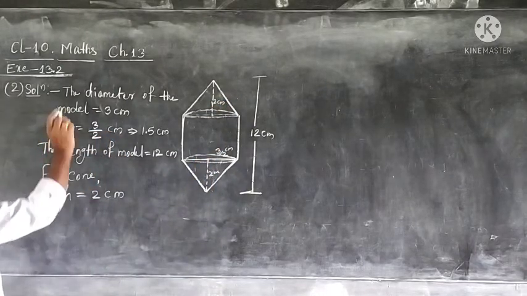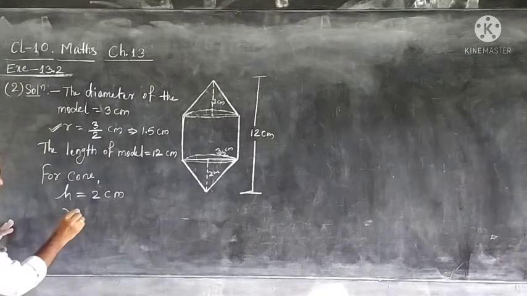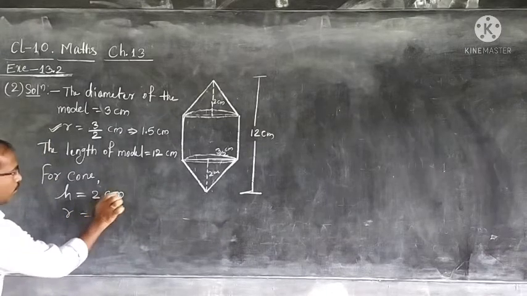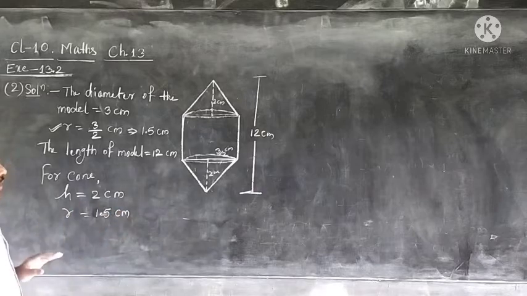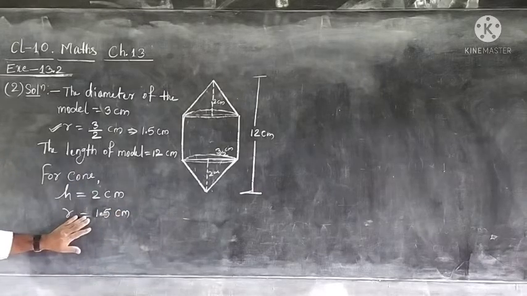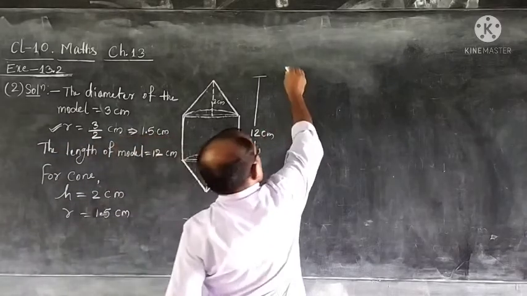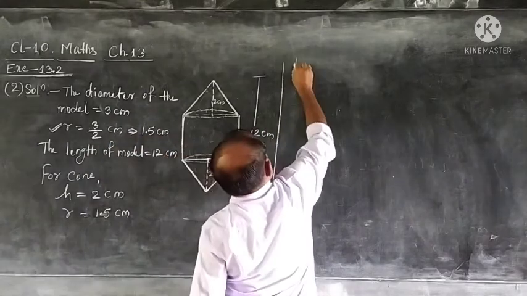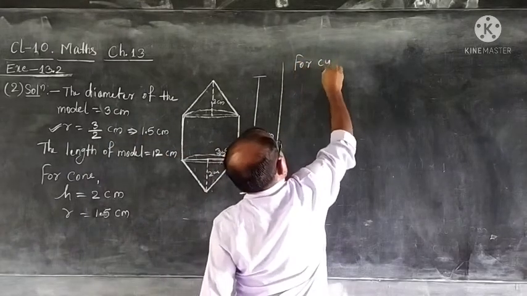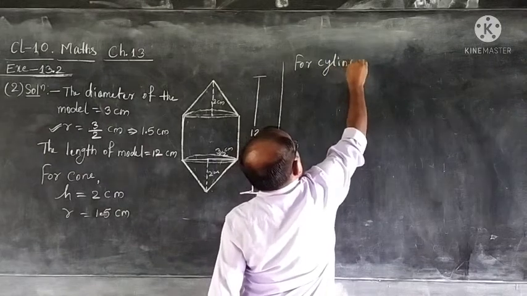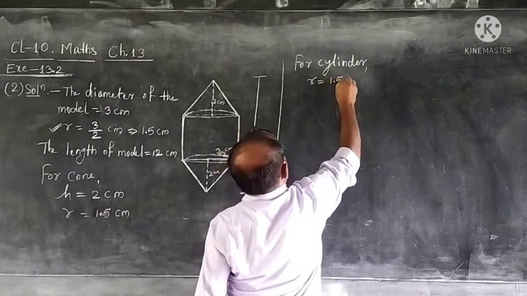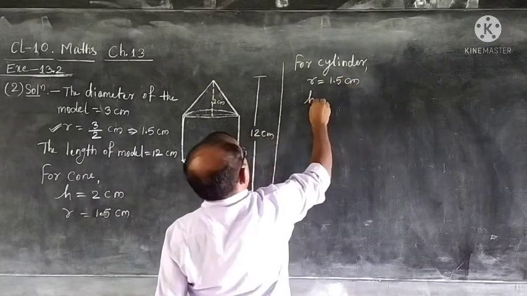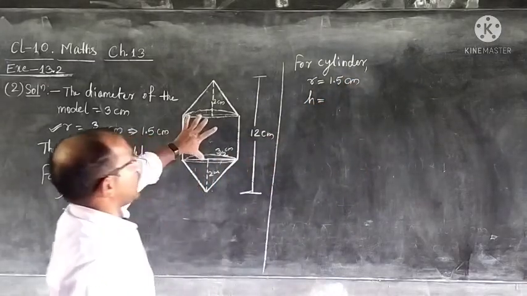Radius is mentioned for the model 1.5. So, cone also will be 1.5 or 3 by 2. For cone we have both height and radius, but now for another shape it has cylinder. So, for cylindrical portion we need radius and height. Radius will be 1.5 or 3 by 2, but what will be the height of cylindrical portion? This height what will be?